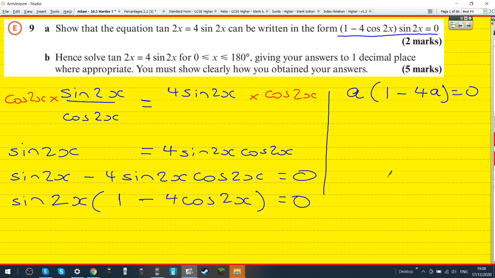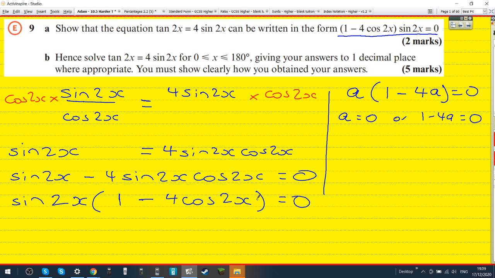So they want the numbers between 0 and 180. Would you multiply a by everything in the bracket? You probably would. You can also do a equals 0 or 1 minus 4a equals 0.